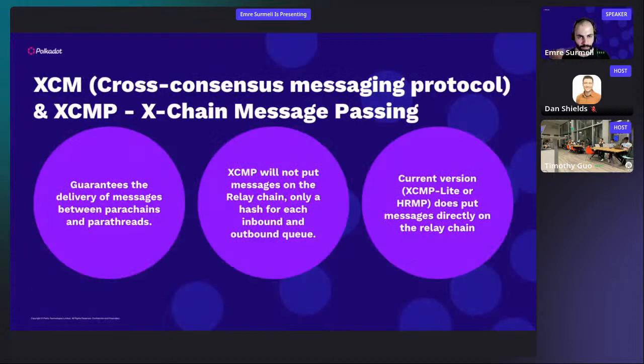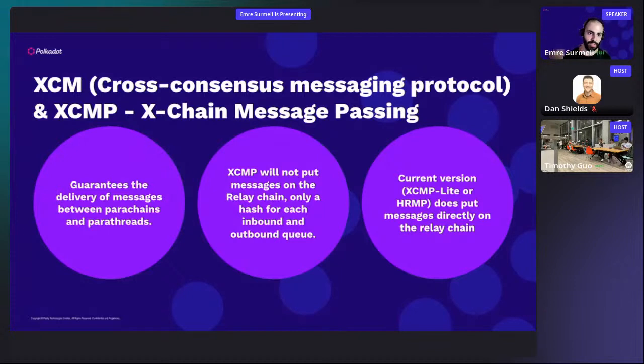And that communication interoperability layer that I talked about, similar to how TCP works, we have what's called XCM, the Cross Consensus Messaging Protocol. So this is a protocol that doesn't care about what type of messages are being passed around. So you can pass around transaction information, you can pass around NFTs, you can pass around tokens, you can pass around state information, like what's going on one chain versus another. And there are ways to communicate cross-chain.